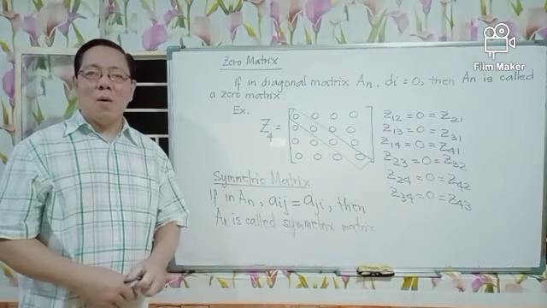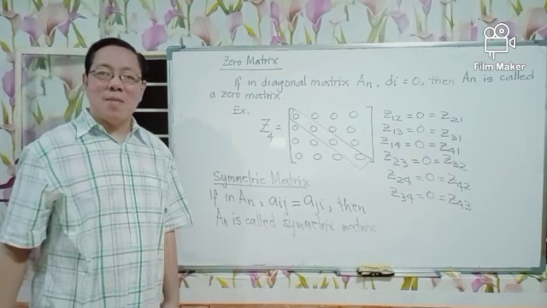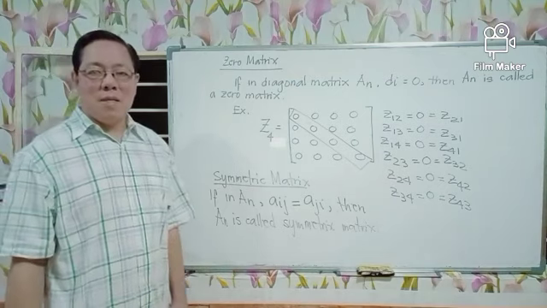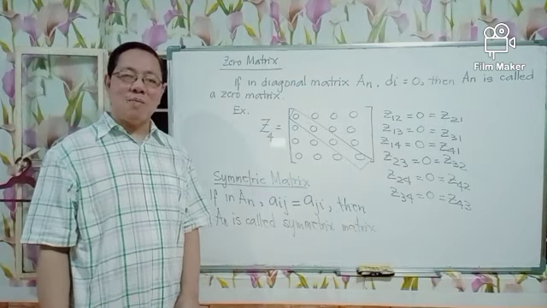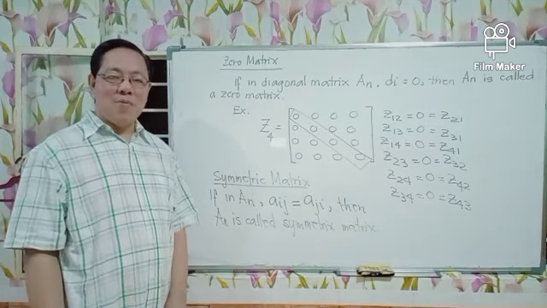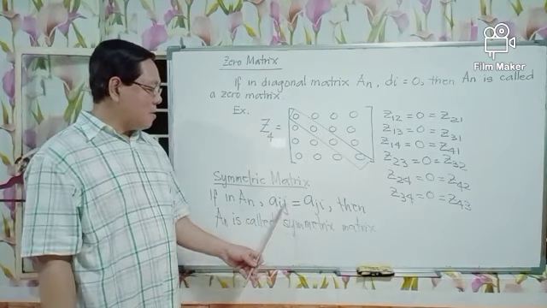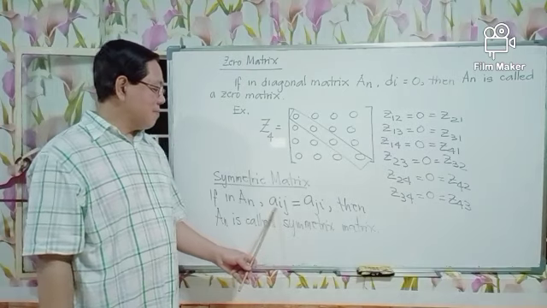In general, only a square matrix can be a symmetric matrix. A matrix that is not a square cannot be a symmetric matrix. But for a square matrix to be a symmetric matrix, this condition must be satisfied.